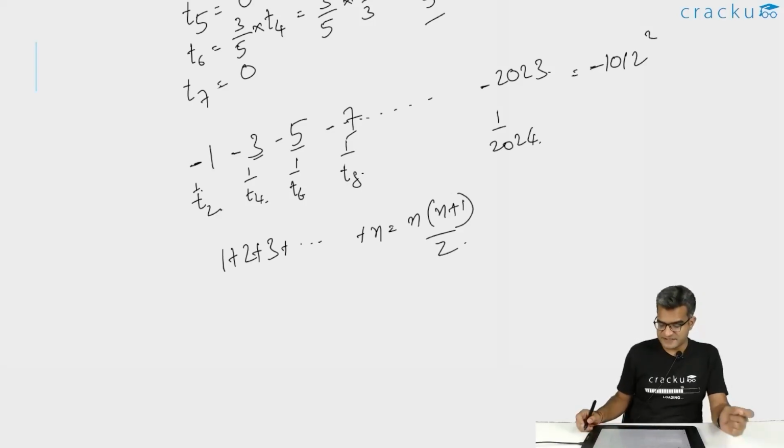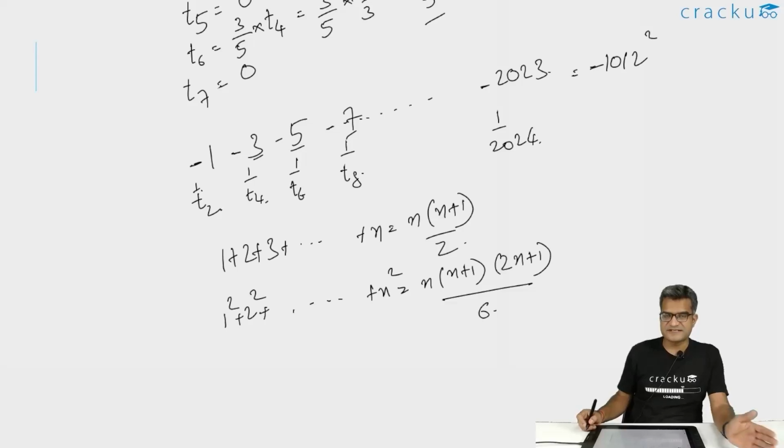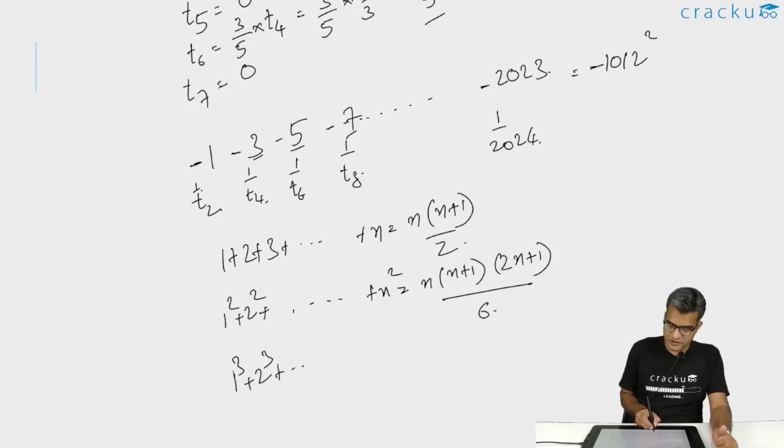The sum of the squares of the first n natural numbers, 1 square plus 2 square plus dot dot dot till n square, is equal to n into n plus 1 into 2n plus 1 divided by 6. The sum of the cubes of the first n natural numbers, 1 cube plus 2 cube plus dot dot dot plus n cube, is equal to n into n plus 1 divided by 2 whole square.